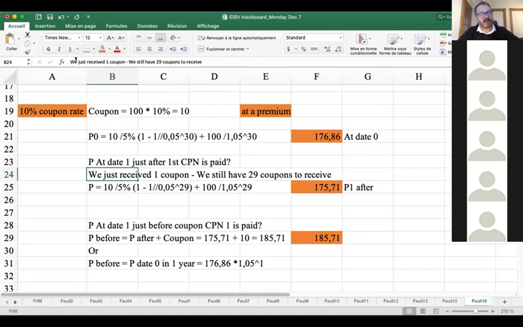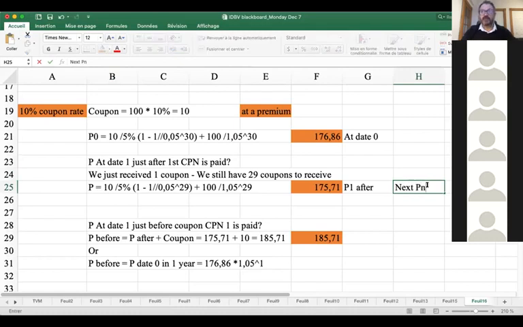It's certainly not cash that we expect to receive from the bond anymore. So what do we expect to receive from the bond now? Now that we just received the first coupon, the next time we will receive something is going to be in 1 year. Next cash flow in 1 year. Next coupon to be received in 1 year.